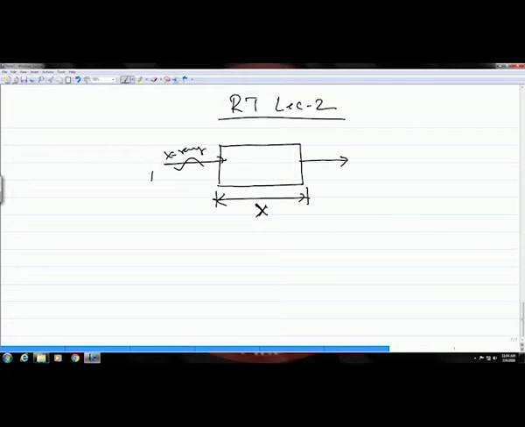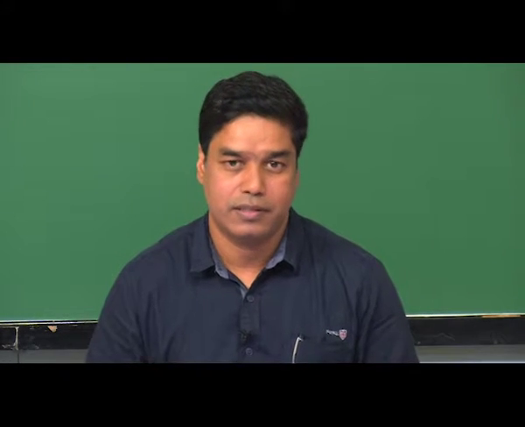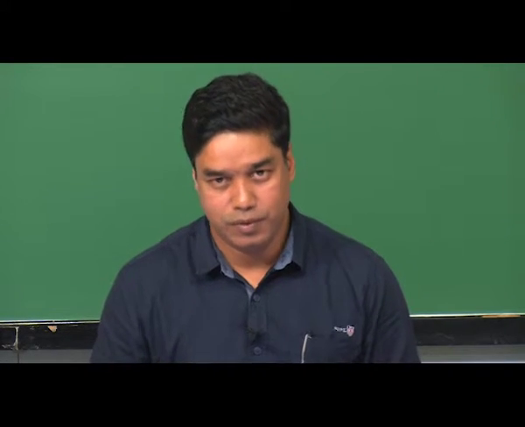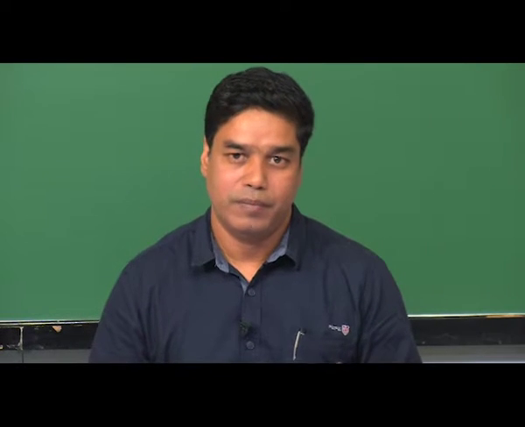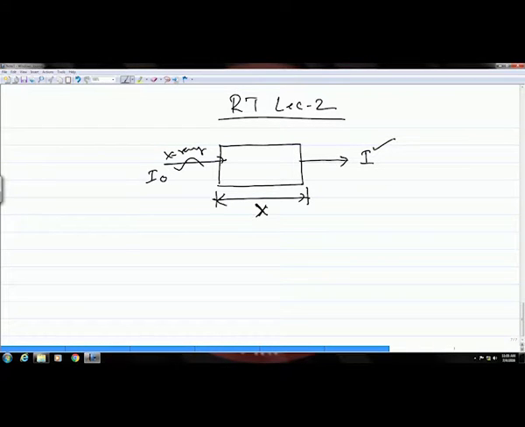This is the initial intensity I naught, and after traveling through this thickness, the intensity coming out of the substance is I. As I said, when X-rays travel through a substance, there will be some interaction between the X-rays and the matter, as a result of which some of the energy of the X-rays will be absorbed by the material. So, this I which comes out of the material will be lower than the initial intensity I naught.